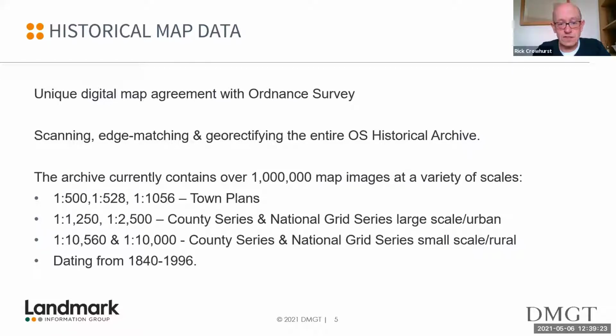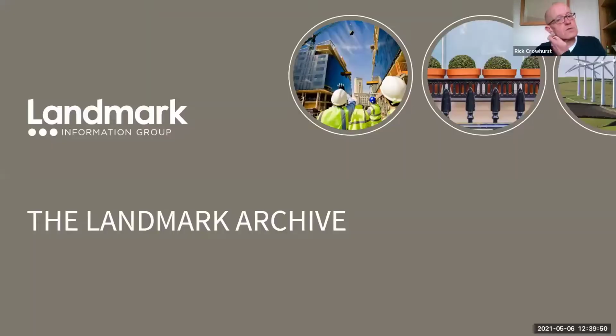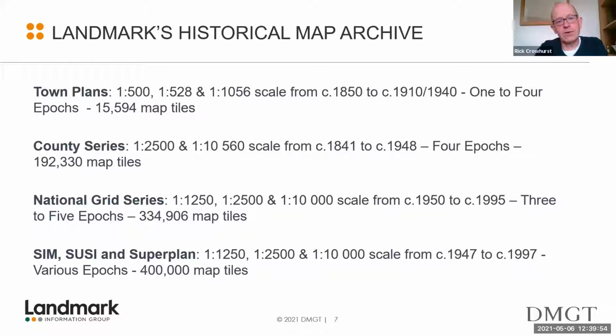And this is the data that you hold within or have access in Digimap, from the most detailed town plans to the pre-war county series and the post-war National Grid series, sort of urban large scale, through, and also the smaller scale, the sort of rural scales, if you want, of 1 to 10560 and 1 to 10,000, again, pre-war, Second World War and post-Second World War.